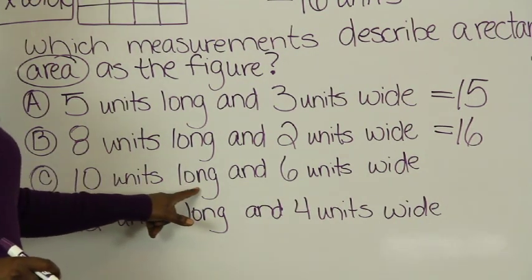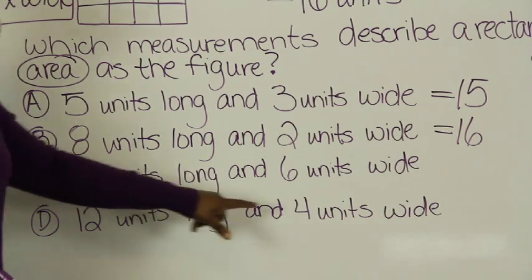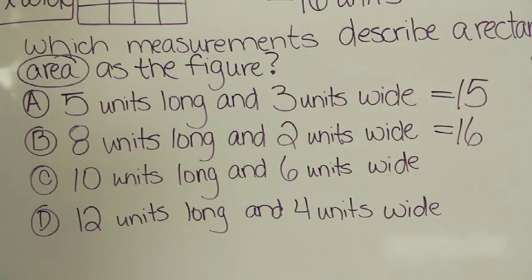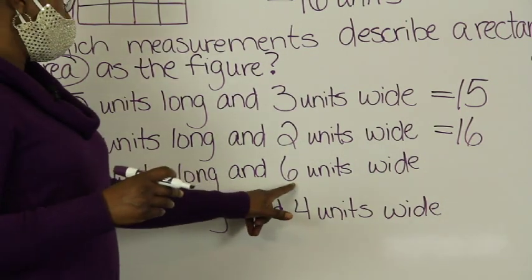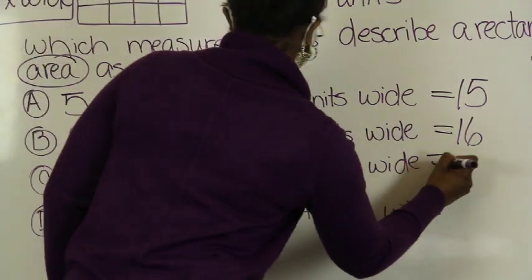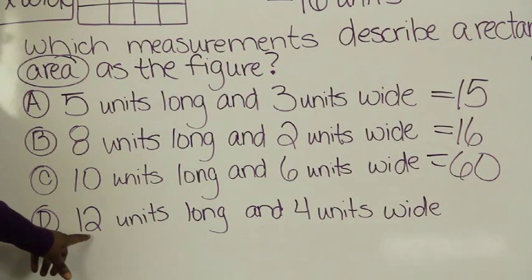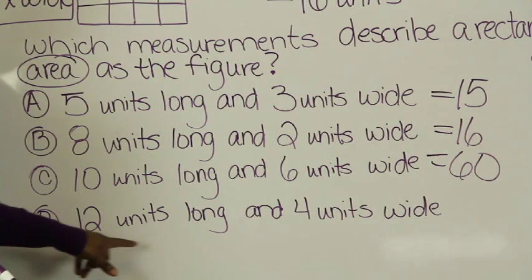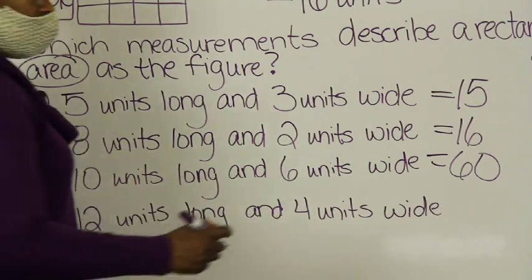You notice that I'm saying everything because you just want to make sure that this is the same length and width, because what if they throw something else in? So 10 times 6, because this is 6 units wide, 10 times 6 is 60. And then you have 12 units long and 4 units wide. 12 times 4 equals 48.